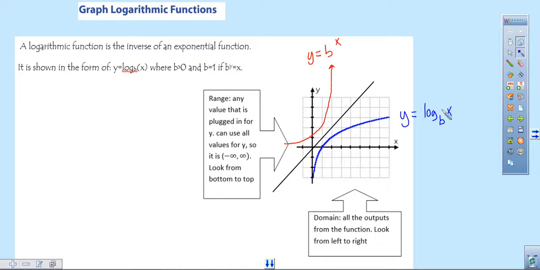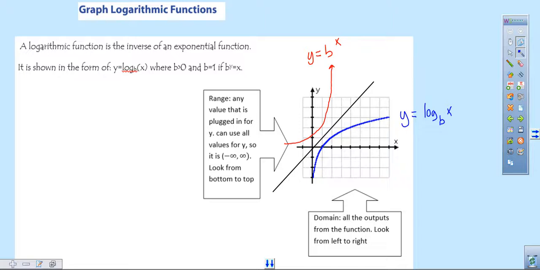Now notice the x's and the y's have changed, unlike our other conversions, because we actually found the inverses of each other. So remember, to find the inverses, you switch the x and the y and you solve. So here we can see the x and y have switched. So what do we want to discuss here?